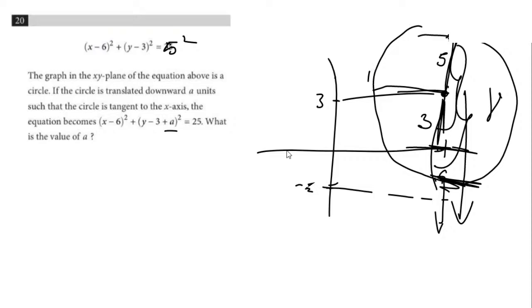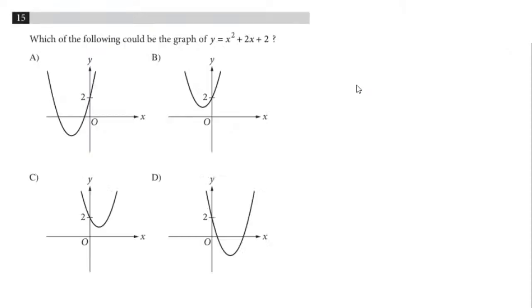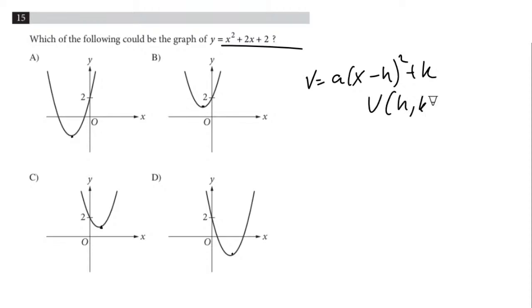Okay, let's continue. Which of the following could be the graph of this? We will look at what we have in all of them. We have the vertex of this. Let's rewrite this function in vertex form. What is the form of vertex? It's y equals a(x minus h) squared plus k, where the vertex is (h, k).